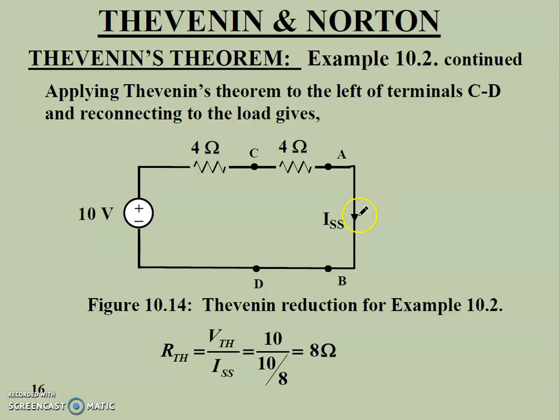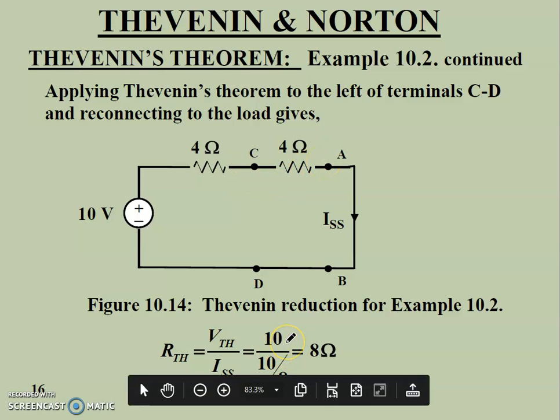ISS will be VTH upon RTH, but now the overall resistance will be 4 plus 4, so 10 by 8. So the overall resistance now changes, the RTH value will be 10.